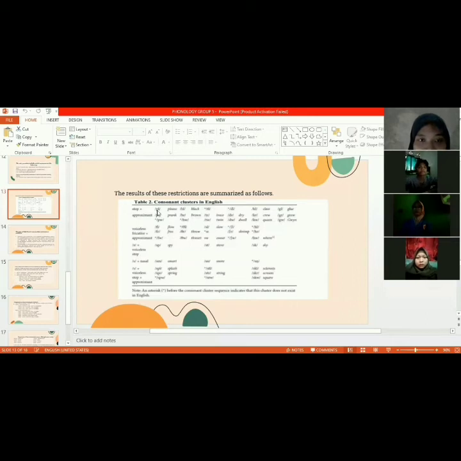The initial consonants are P, L, and then for example, the word is please. I think I cannot see it clearly. So next.